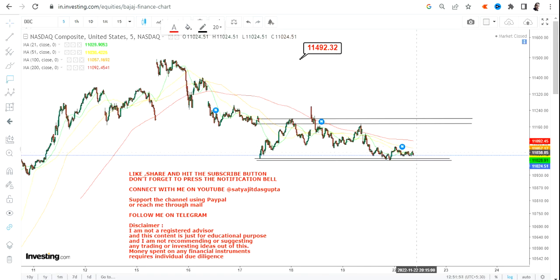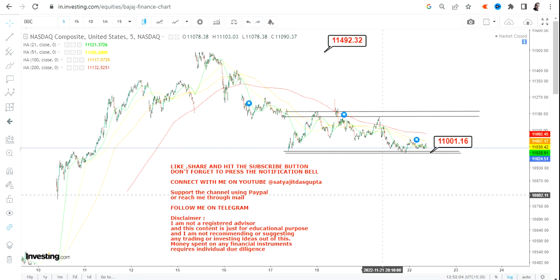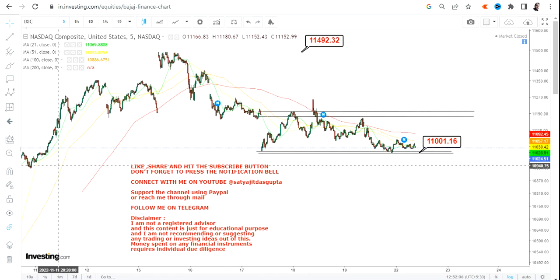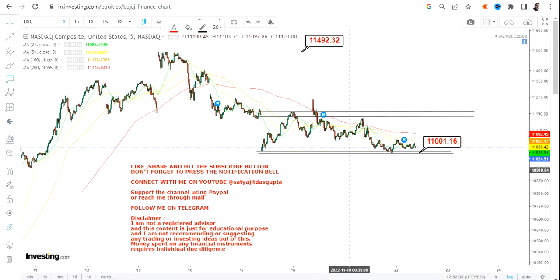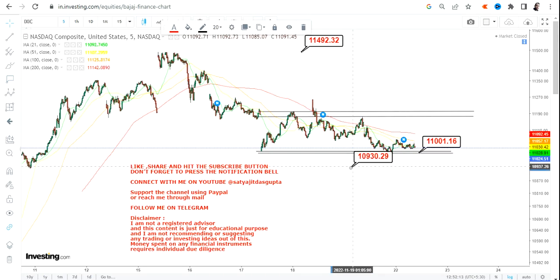So what we are going to do here, we are going to keep our stop loss at 11,000. Please don't trade below 11,000 if you want to go long. Okay, because below 11,000 the road for 10,900 or 930 will open up in the intraday trading session.